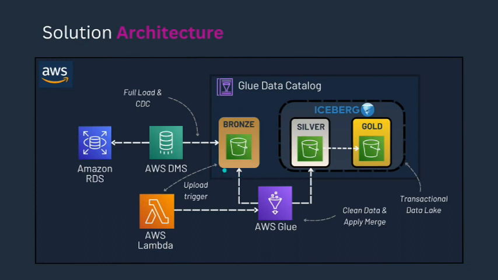This triggered the Lambda function to trigger the AWS Glue job to perform the deduplication logic, to do the cleaning on the bronze data, and then to perform the merge operation into our silver bucket, which is an Apache Iceberg table. And then I also showed you how to use the time travel feature in Athena using Apache Iceberg to look back in time before operations were performed. And all of this is automated here end to end.